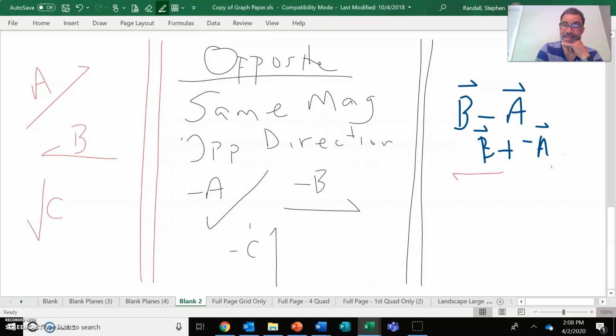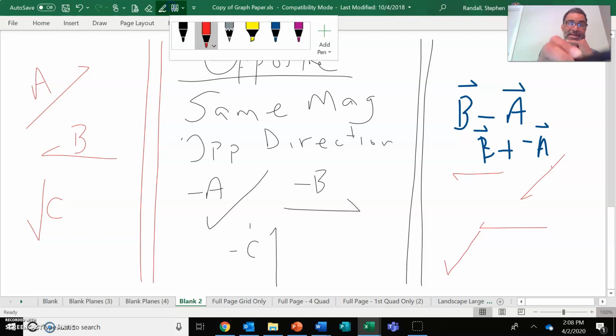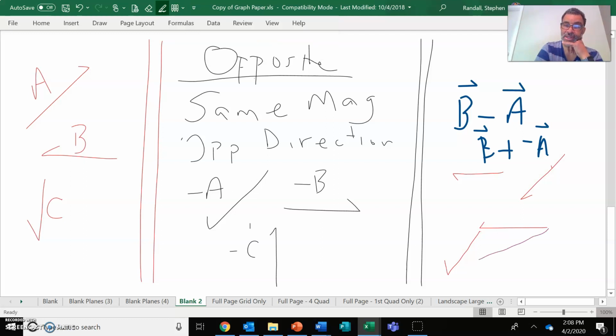The opposite of A looks like that. So it would go this way, and then it would go that way, and our resultant would be that. So this would be the resultant of B minus A. So we subtract vectors by adding their opposite.